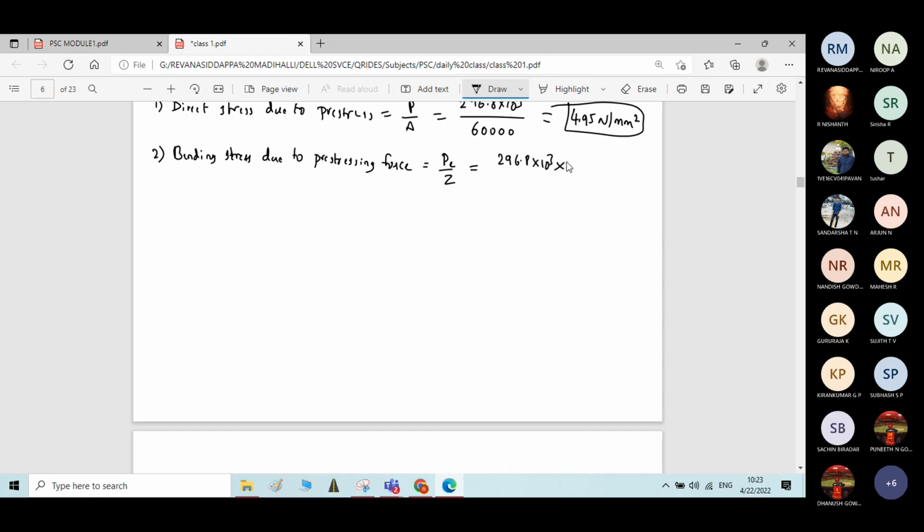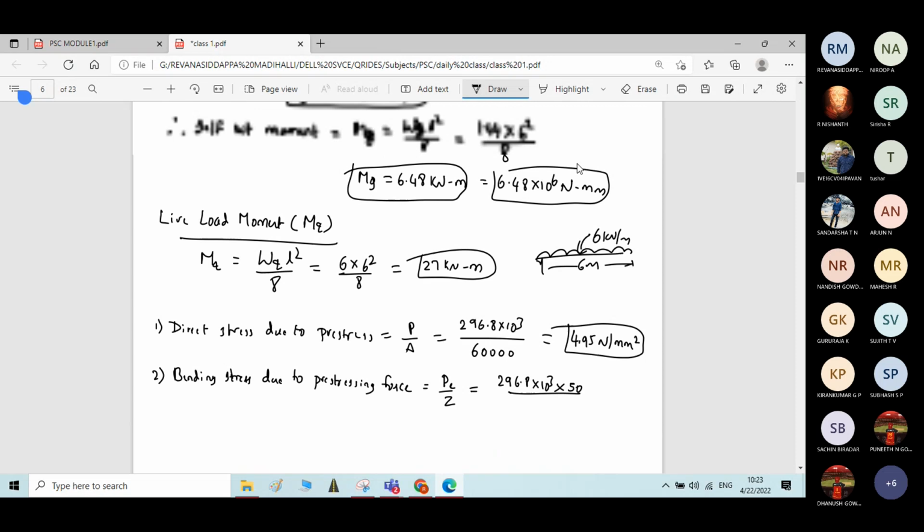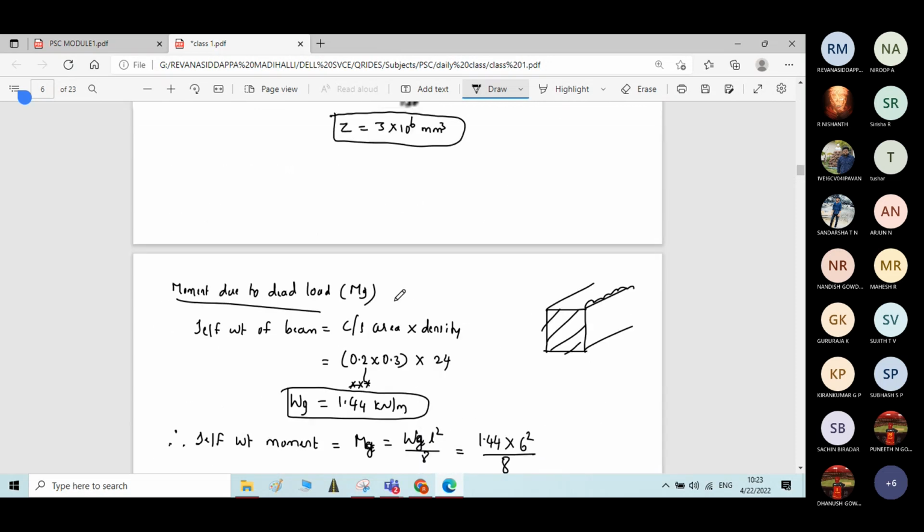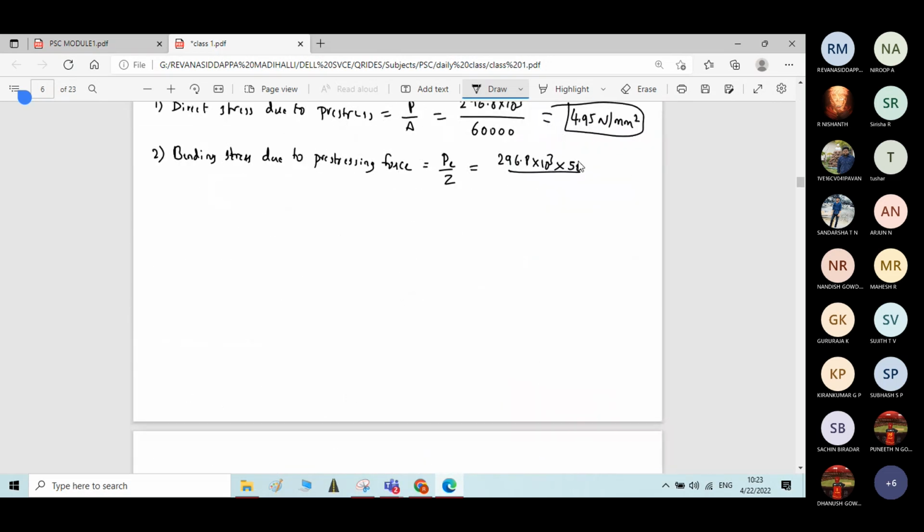What is the eccentricity value we got? We got eccentricity as 50 mm, divided by section modulus value, which is 3 into 10 power 6. If you calculate, you will get 4.95 Newton per mm square.